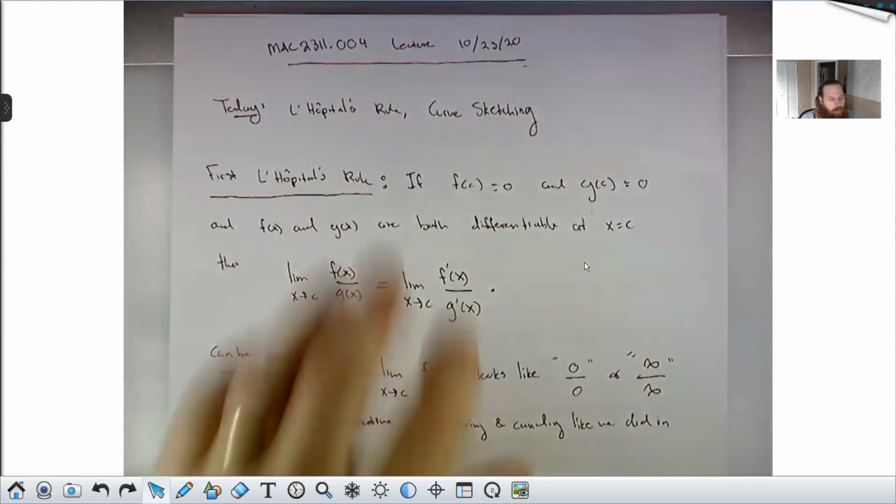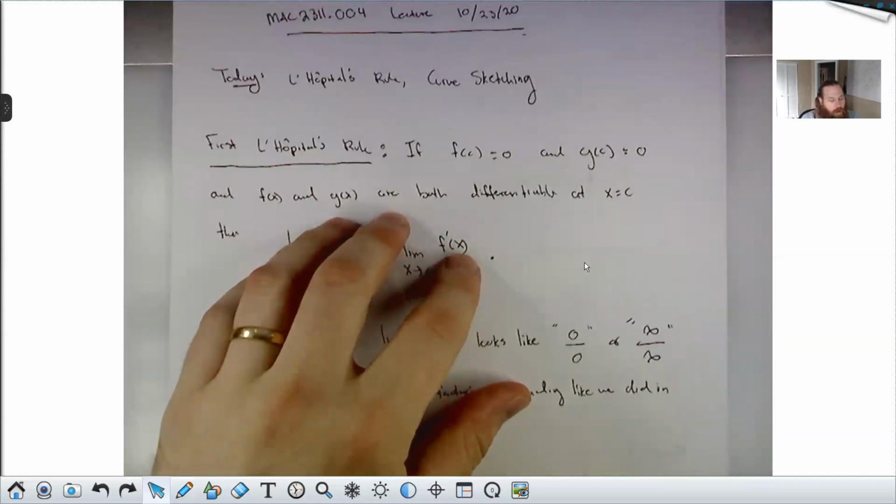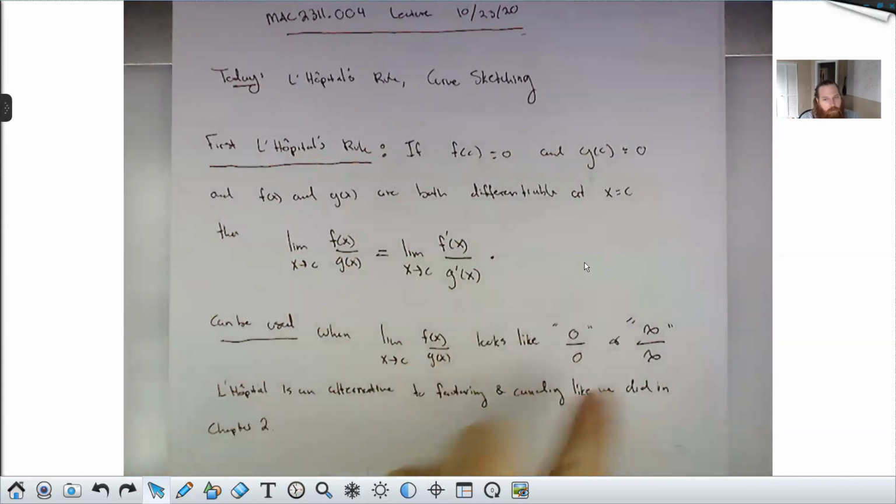So you remember back in chapter 2 when we were working with limits, specifically the limit that defined the derivative, all of those looked like 0 over 0 if you just plug in. If you just plugged in h equals 0 in those difference quotients, the top and bottom were always 0. And there we had to do a whole bunch of algebra to factor out an h and cancel it with the denominator.